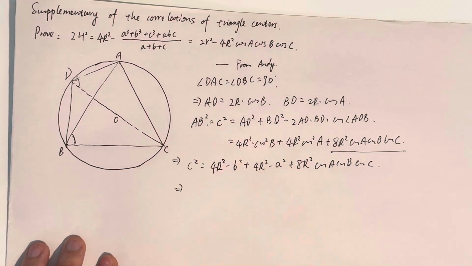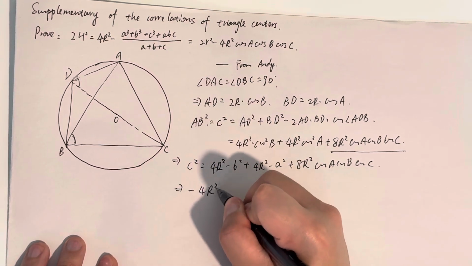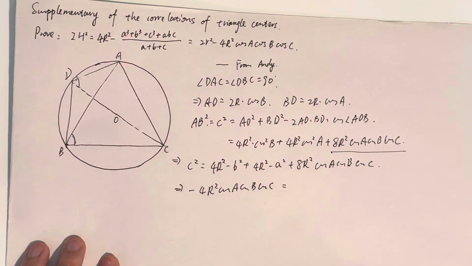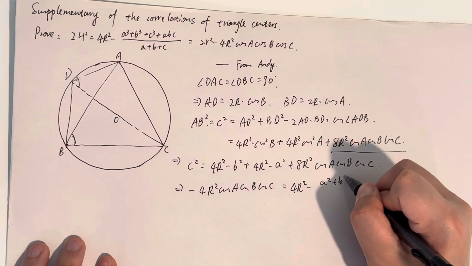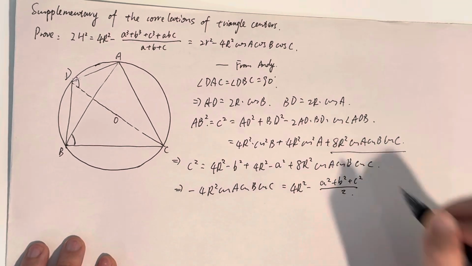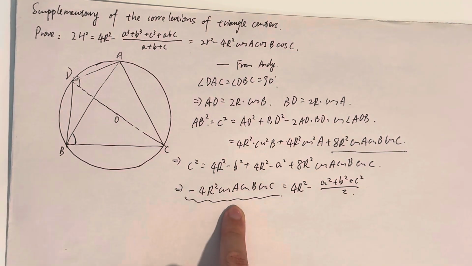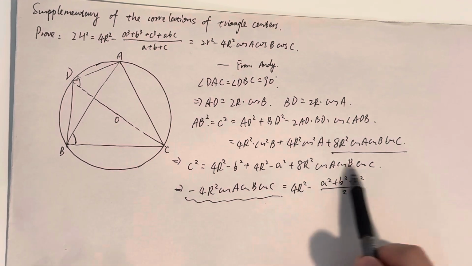That means if we use this one, which is minus 4r squared cosine A cosine B cosine C, it equals 4r squared minus (A squared plus B squared plus C squared) divided by 2. Okay, so we now know this term, right? And we know it equals 4r squared minus this one.